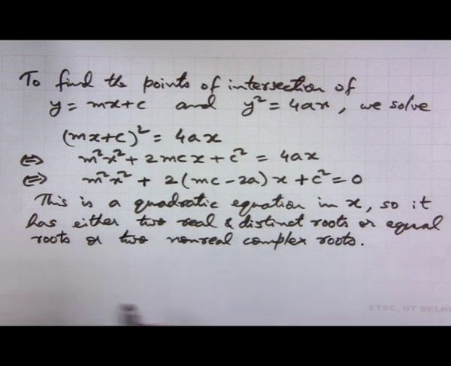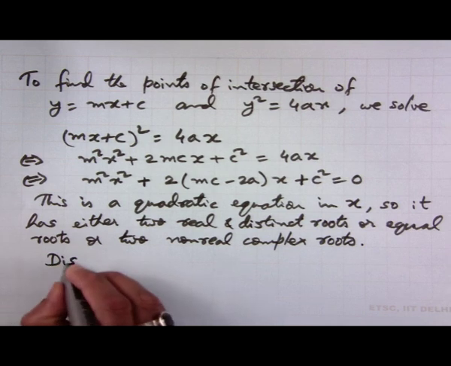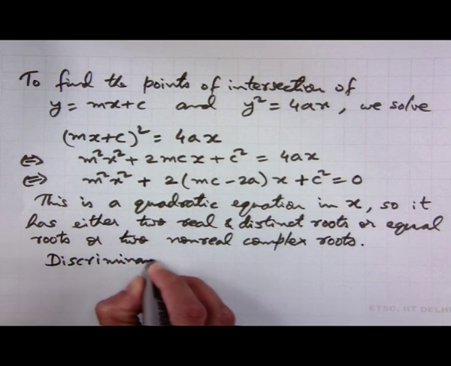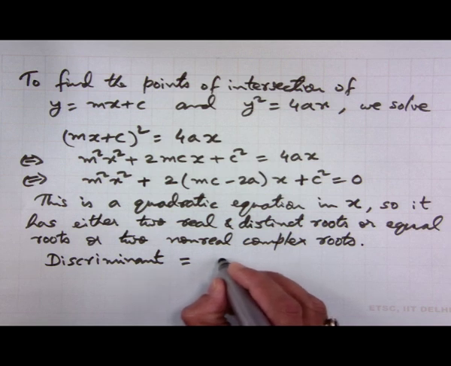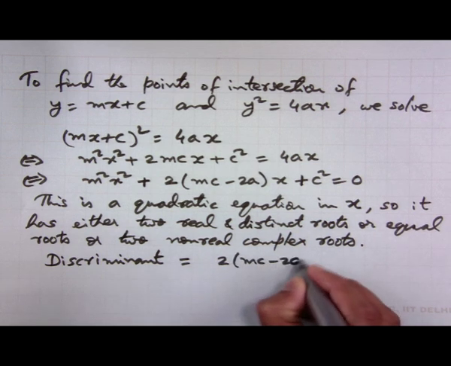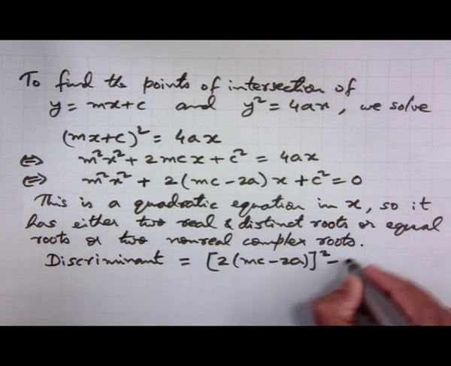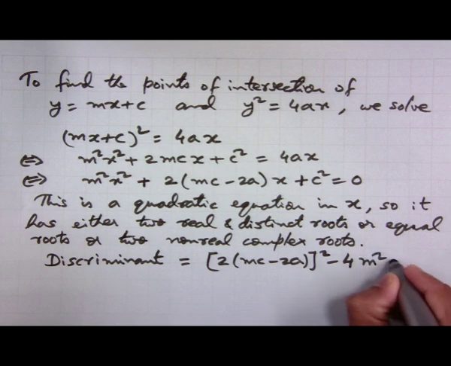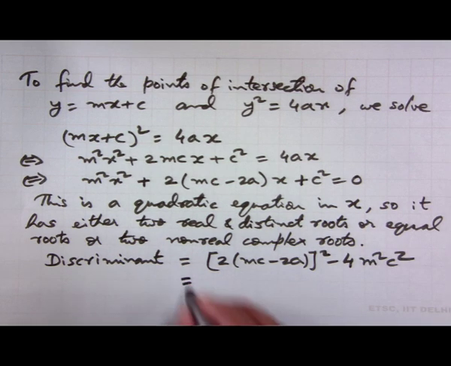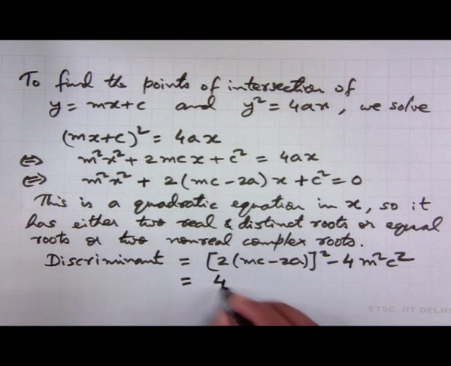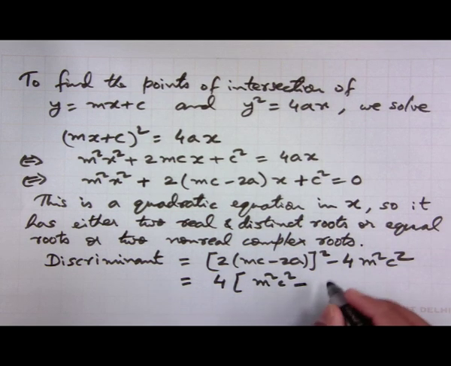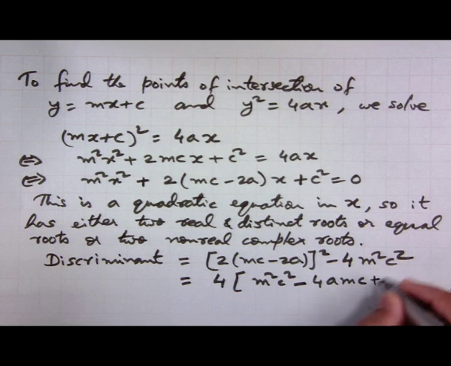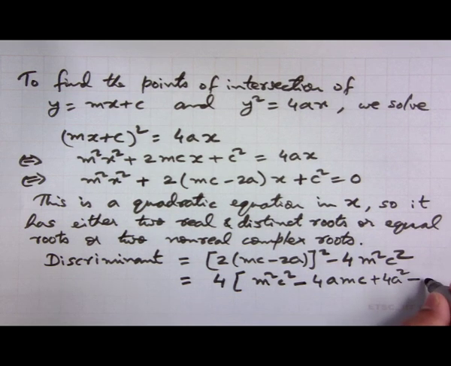The condition for that will be, if we find the discriminant of this quadratic equation, it is given by (2 m c minus 2 a) square minus 4 times m square c square, which is equal to 4 you can take out, and then we have m square c square minus 4 a m c plus 4 a square minus m square c square.